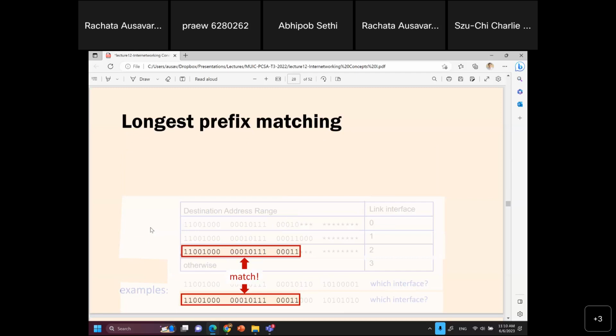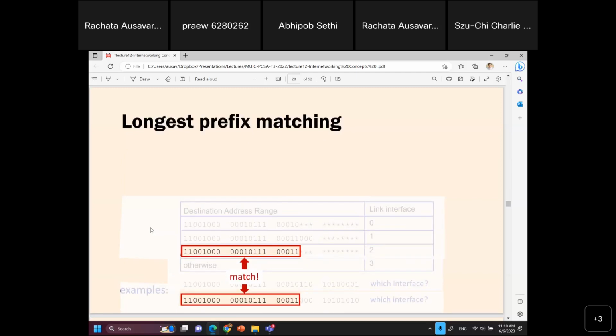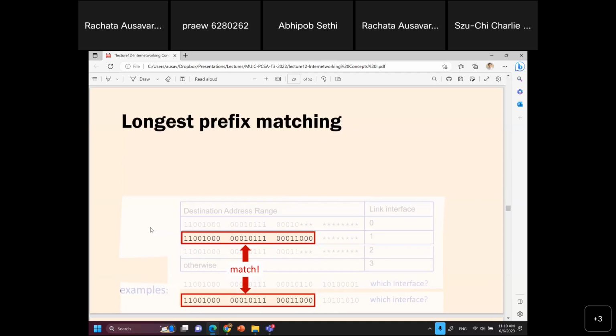The next packet maps to here and also here. Again, it maps here and the same packet also maps here. In that case, you go to link interface 1 because they are longer. So you go to link interface 1.